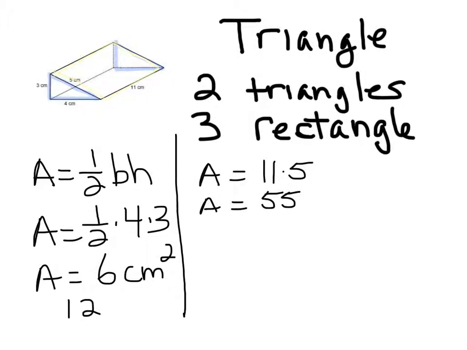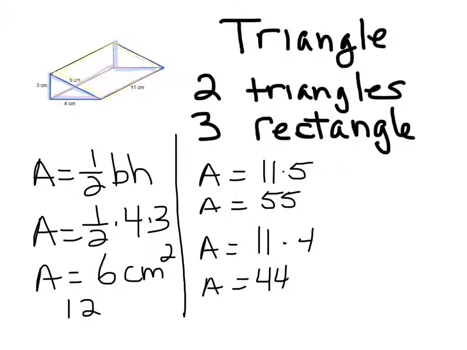Then I'm going to go to the next rectangle, and this rectangle I'm going to highlight in purple, and it's going to be the bottom rectangle, and that bottom rectangle is down here. And I'm also going to do length times width, and that length times width is 11 times 4, so that is going to be 44.